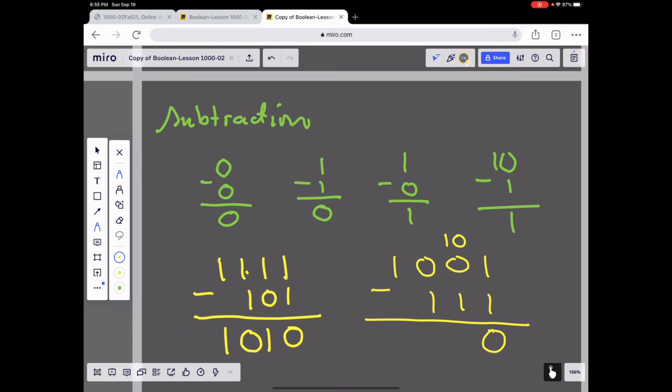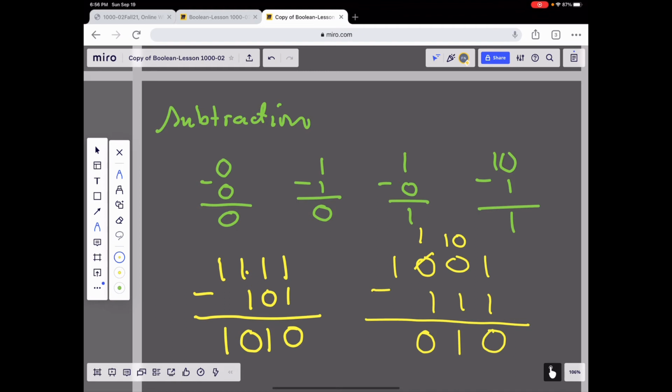All right, if you borrow 1 from here, then this is no longer 10, but equal 1. Okay, I'm going to cross this one out, and I put that 1 over here. All right, so 10 minus 1 equal 1, and 1 minus 1 equals 0. Okay, so the answer is 10.